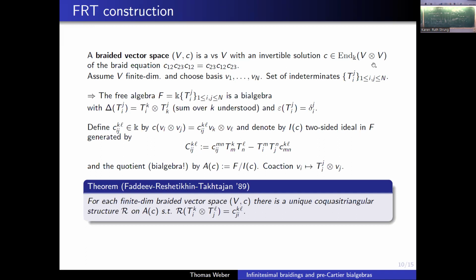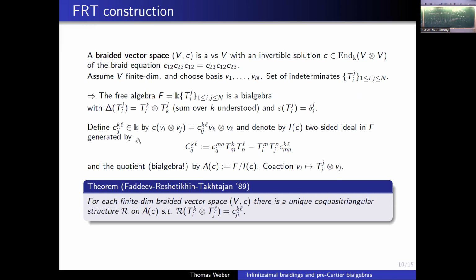So C is just an endomorphism of V tensor V. You can choose a basis, let's say V1 to Vn, and you take a set of generators of some algebra that you call Tij, with i and j running from 1 to capital N. Then you take the free algebra with these capital T's, and it turns out this is a bialgebra using this matrix coproduct and epsilon simply the Kronecker delta.